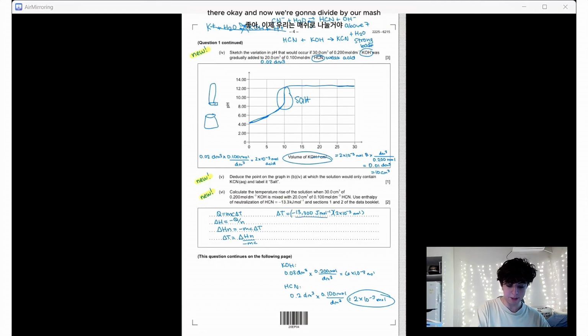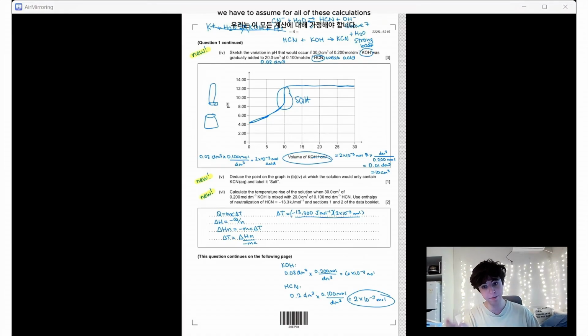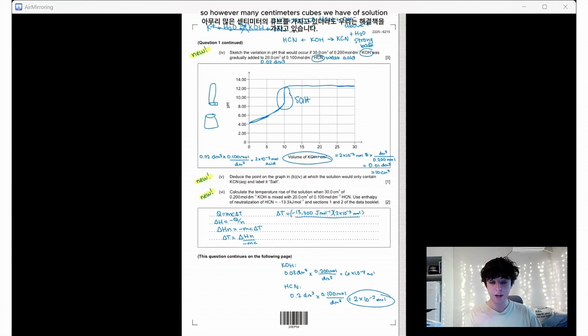Now we're going to divide by our mass. For all of these calculations, we have to assume that the specific heat capacity of water is the same as our solutions, and that the density of water is the same for our solutions. That's a major assumption we make in all these calculations. So however many centimeters cubed of solution we have is how many grams of solution we have.